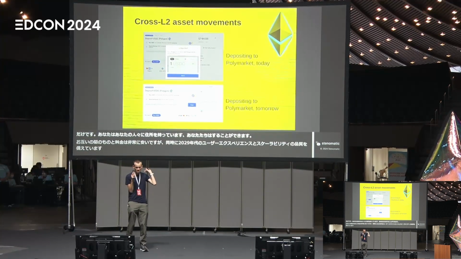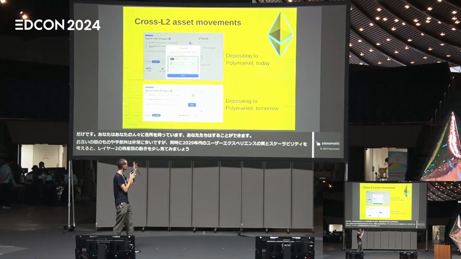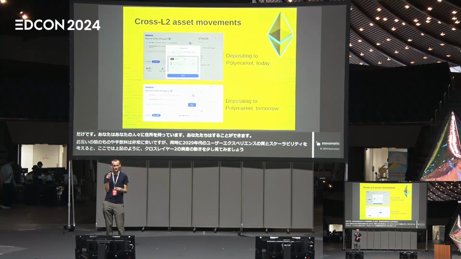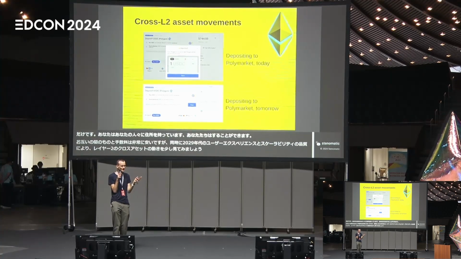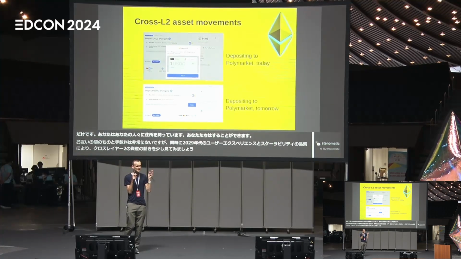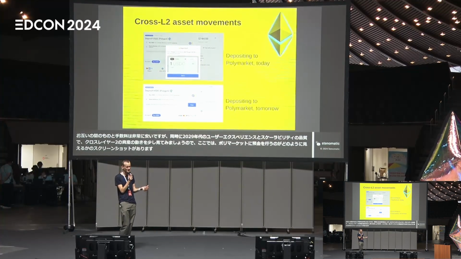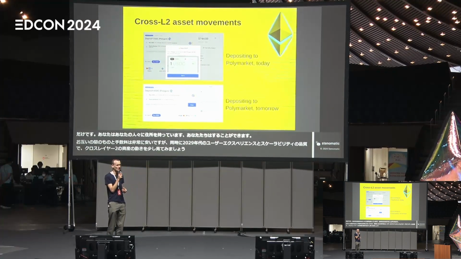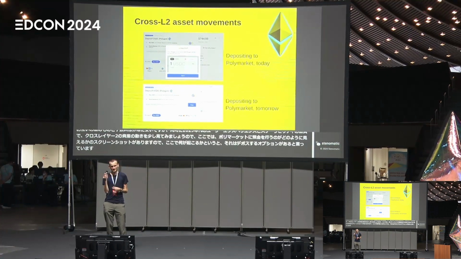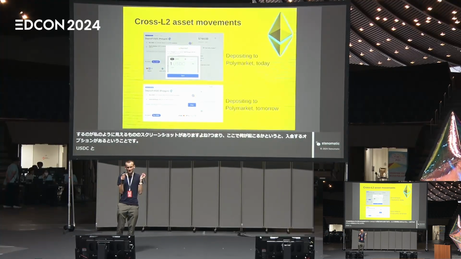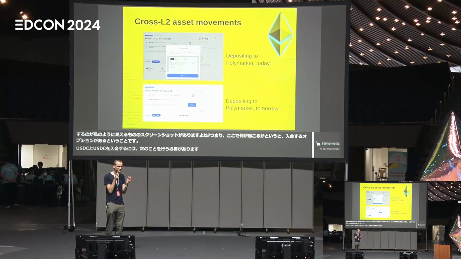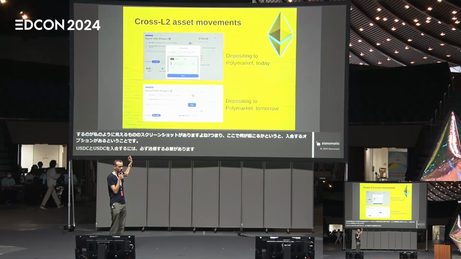So let's look at cross-layer 2 asset movements for a bit, right? Above here, I have a screenshot of what it looks like for me to do a deposit to Polymarket, right? So what happens here is it says there's an option to deposit USDC, and in order to deposit USDC, you have to make sure to send USDC to this one particular address.